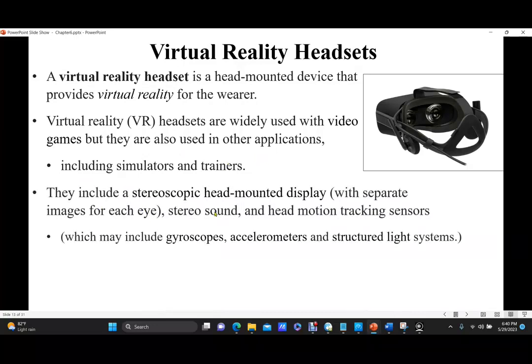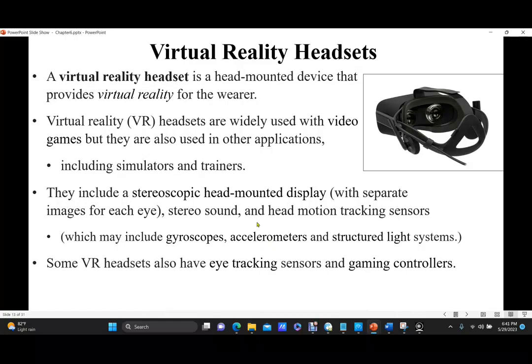They include a stereoscopic head-mounted display, separate images for each eye, stereo sound, and head motion tracking sensors. These sensors might include gyroscopes, accelerometers, and light systems. Some VR headsets also have eye tracking sensors and gaming controllers.